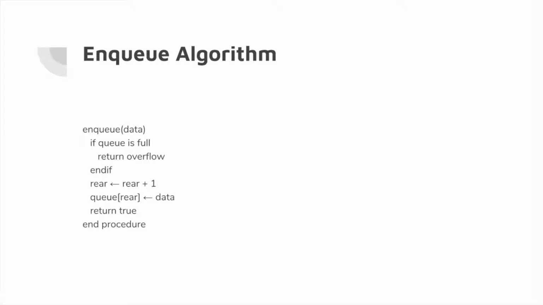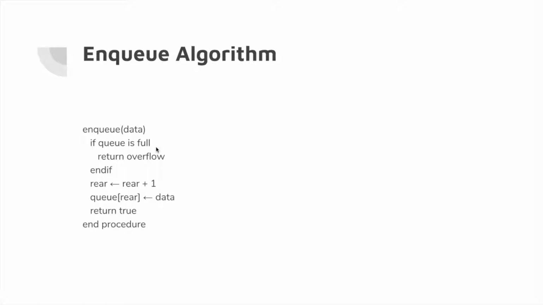So this is the pseudocode which is written for enqueuing. And guys, please note it is not a programming language. It's just pseudocode, in simple English, just to make you familiar with the algorithm which we are following for the enqueuing process. Here we can see the data is getting added into the queue, and after that we do a check: is the queue full or not?